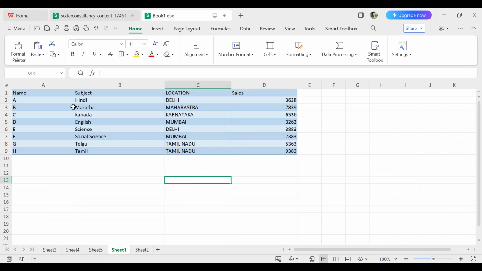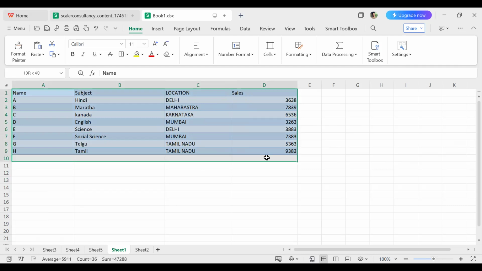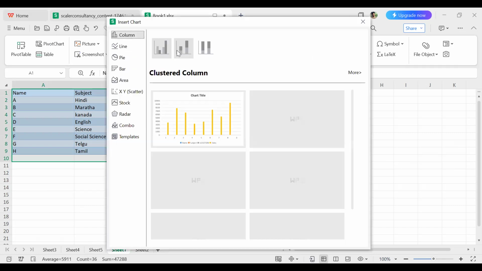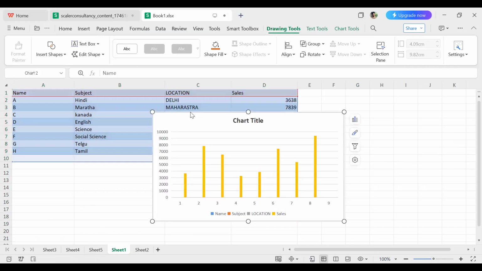See, here we have the data and we can simply go to Insert and get the chart directly. Okay, yes sir, but what's happening right now? Just give me a second.